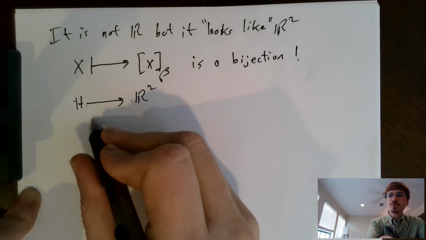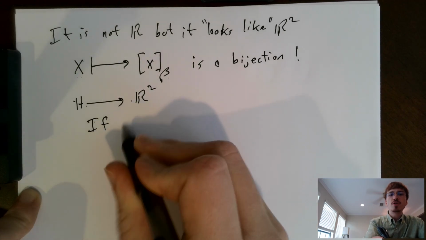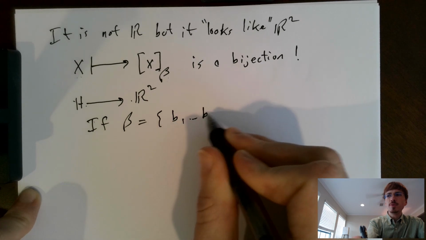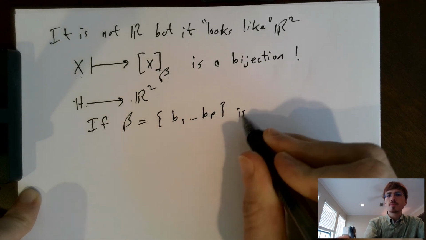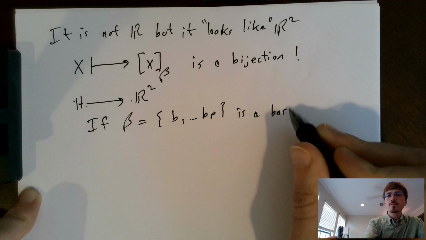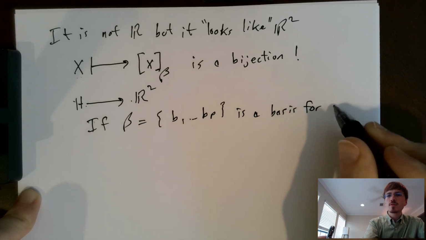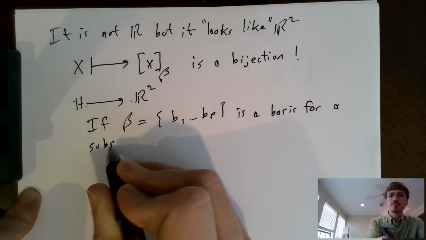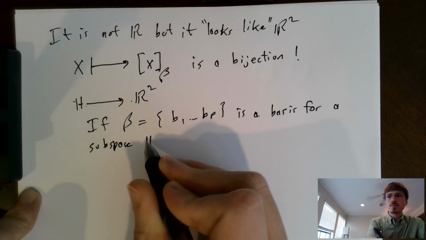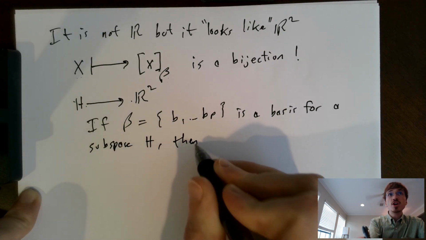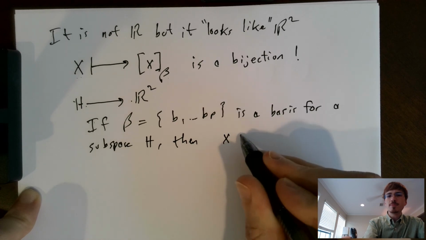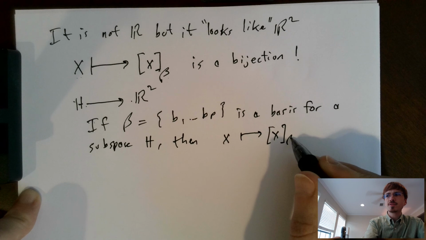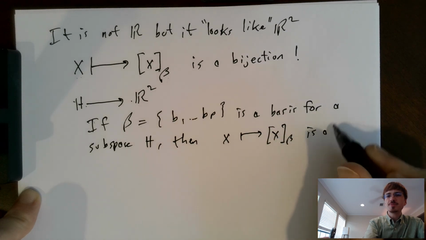So in general, if we have a basis beta, b1 through bp, for some subspace H, then we know by a similar argument that the mapping from x to its coordinates with respect to the beta basis is a bijection.